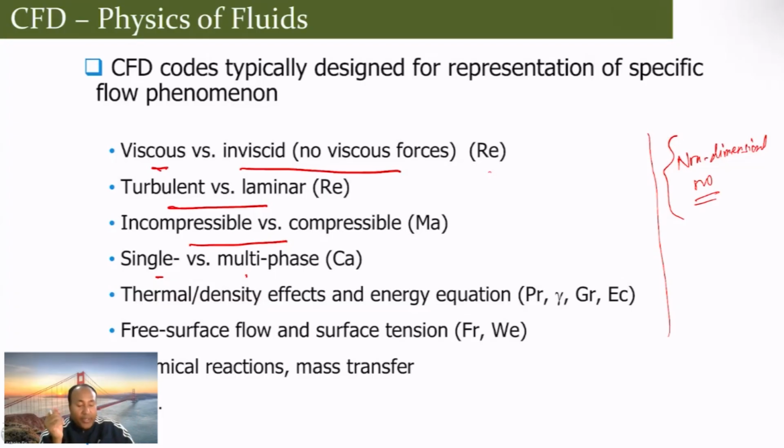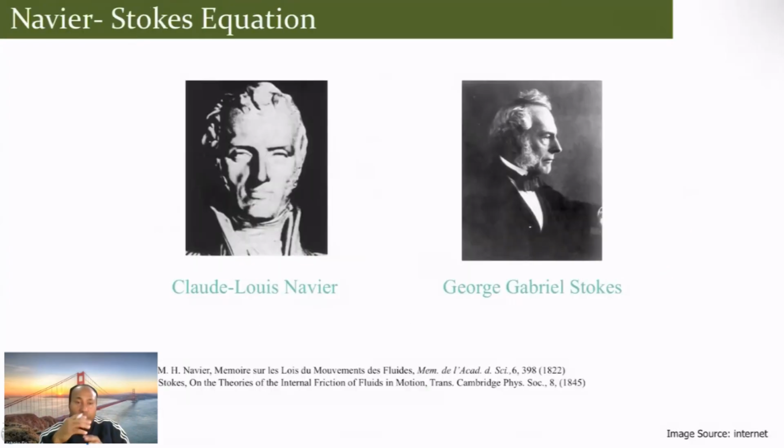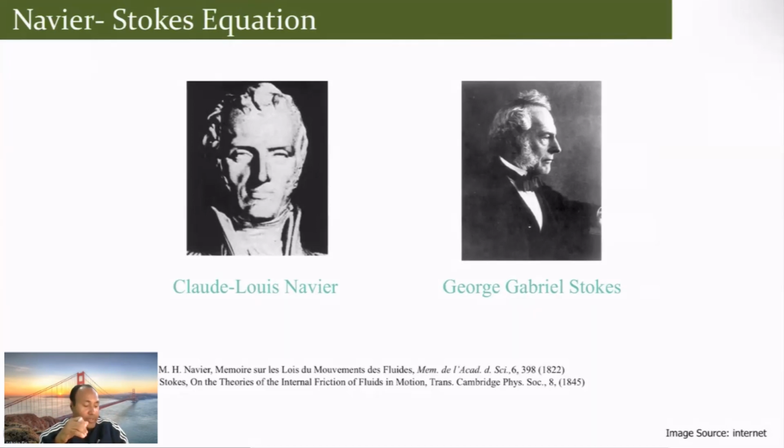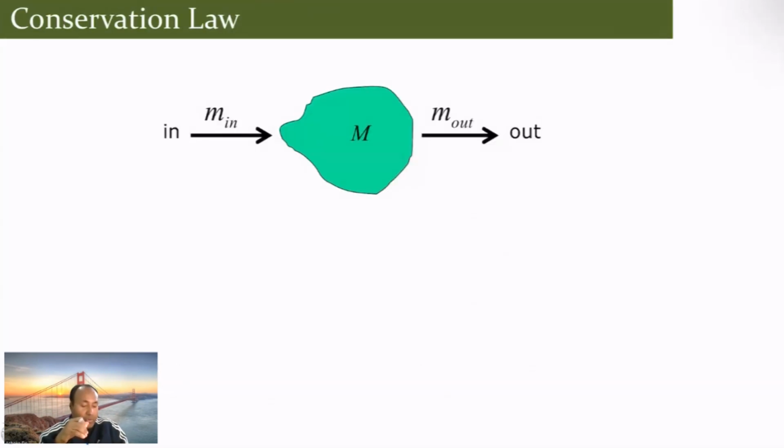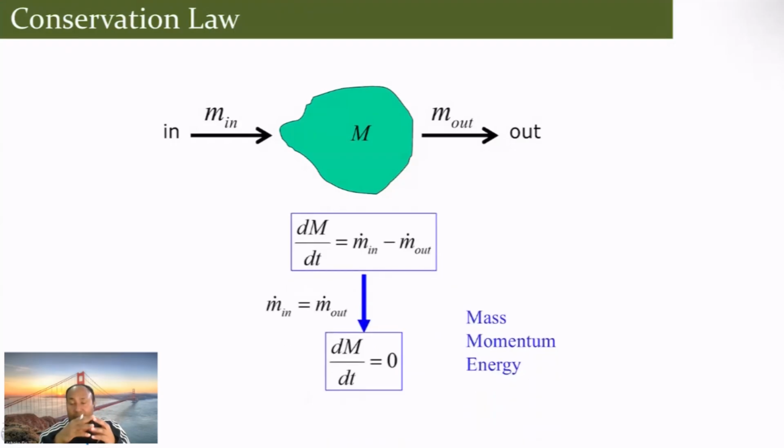That's what happens. Now, when you talk about Navier-Stokes, these are the two great scientists who came up with the Navier-Stokes equation. Here you have conservation laws. The first basic conservation law is mass conservation. Then you have mass, momentum, and energy. For the wind turbine, you also need angular momentum conservation. And when you deal with a reacting system, you have species conservation.